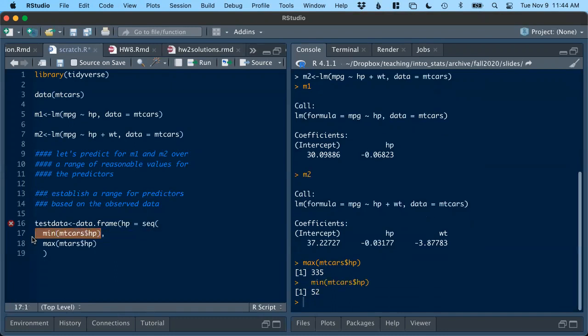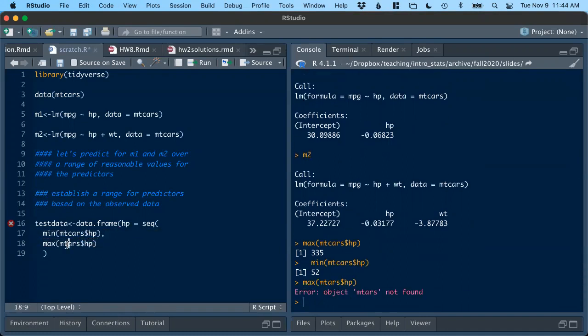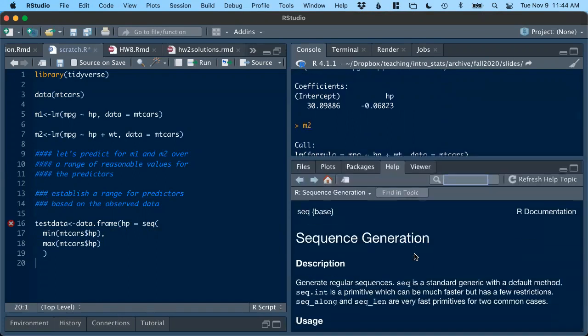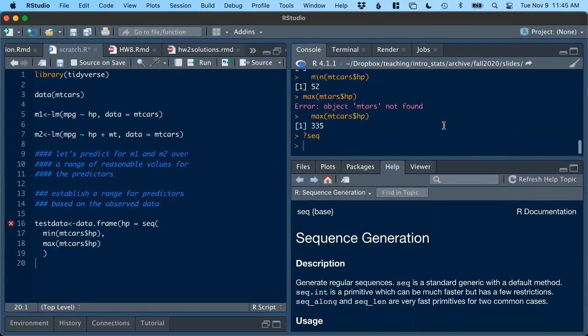Minimum mtcars HP gives me 52. Maximum gives me 335. So my sequence, and we can pull up the help file on it, sequence generation will run from 52 to 335.